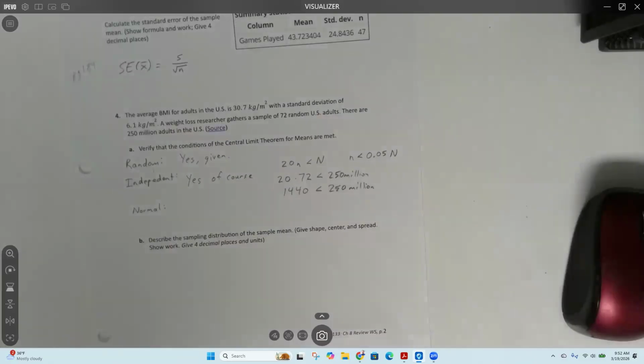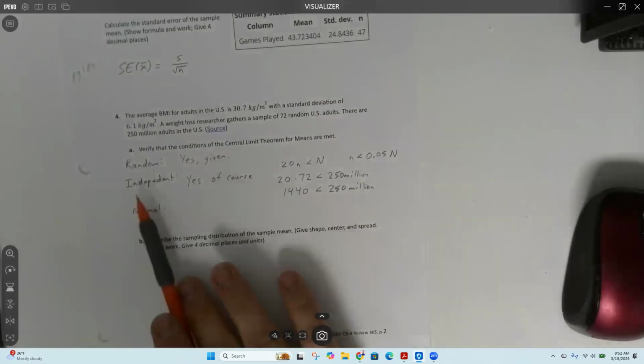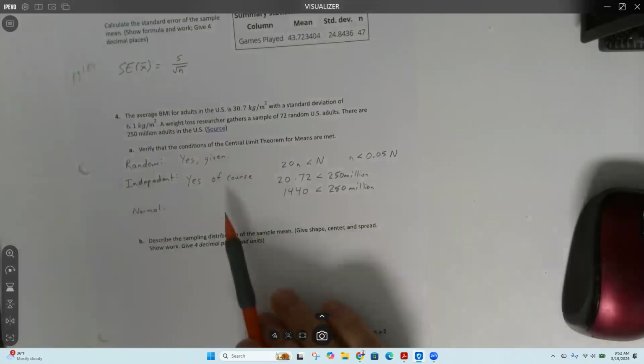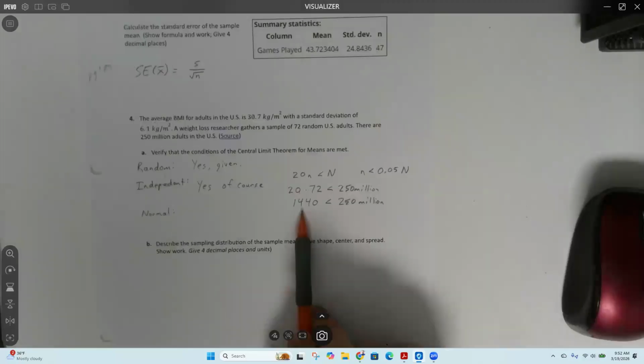You can't check everyone. So the whole point of doing a sample is we select a random sample that we can measure, and the mean of that sample is going to be extremely close to the actual population mean. We can't measure the population mean, but we can get really close using a sample.